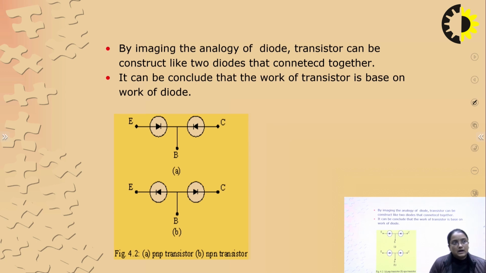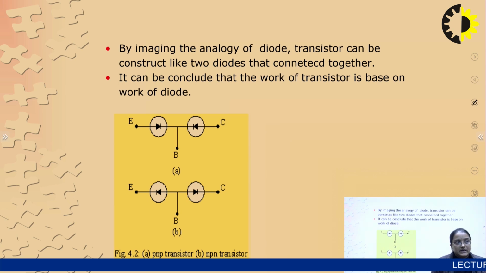Another analogy that we define for a BJT is that we can say a BJT is a combination of two diodes which are placed back to back. How these two diodes are placed back to back is what depicts a transistor.